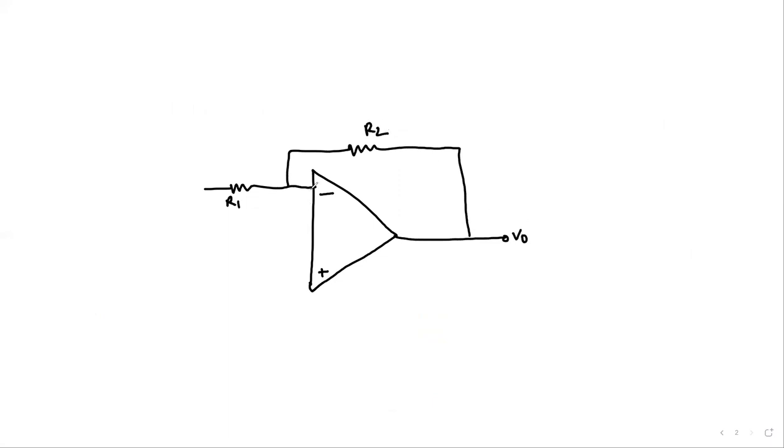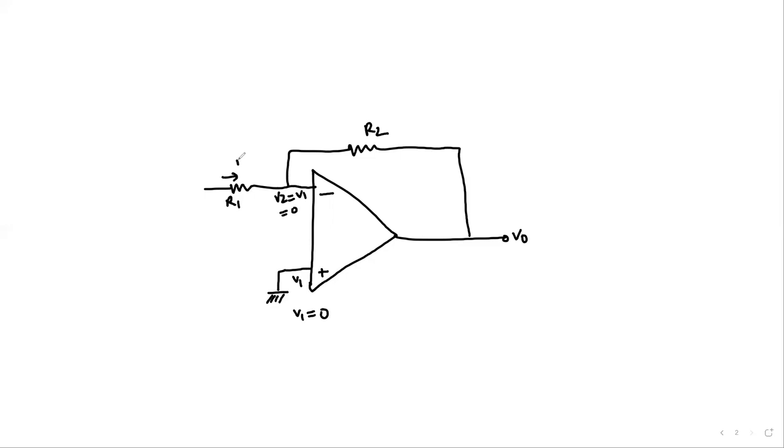We come back and we see that this is the positive terminal and the negative terminal. That's the resistor R1. The output is fed back to the input terminal indicated by the negative sign through the resistor R2. This terminal is ground, V1 is equal to 0, and V2 is equal to V1, which equals 0.